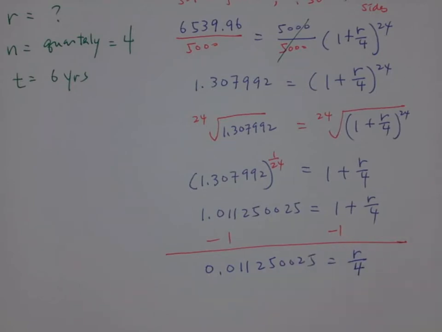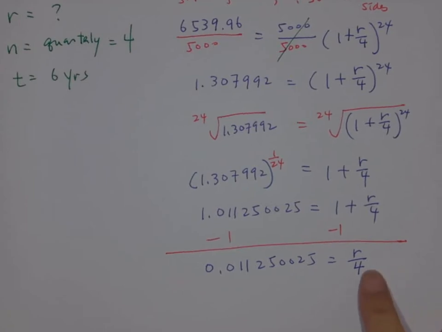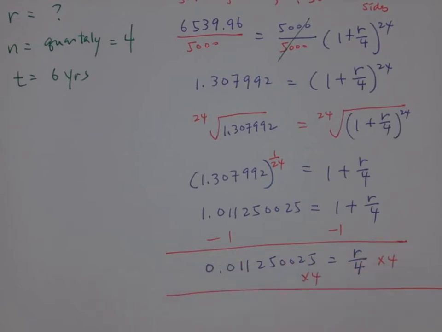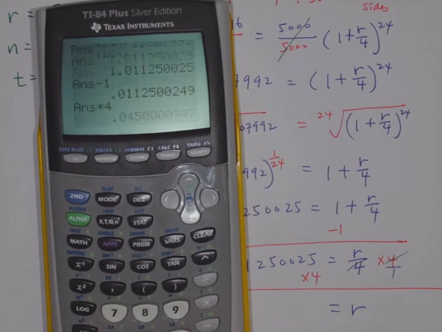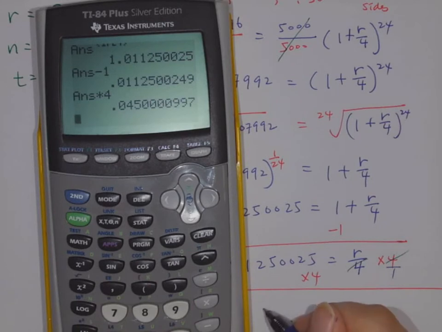To solve for r, the opposite of dividing by 4 is to multiply by 4 on both sides, so you can cancel. So r will equal whatever that number is in my calculator: I subtract 1 and then I multiply by 4.